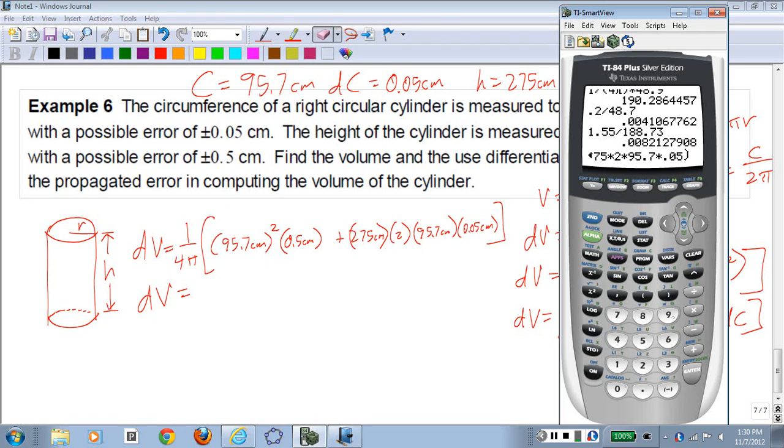Will that do it? 573, maybe call it 574 cubic centimeters.